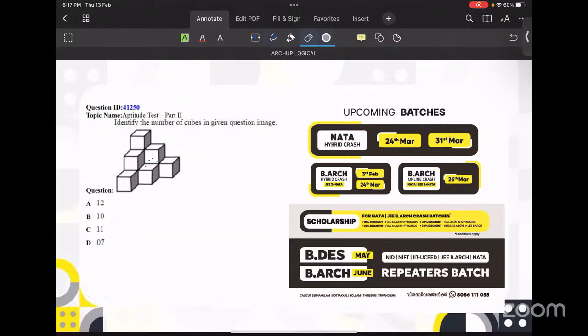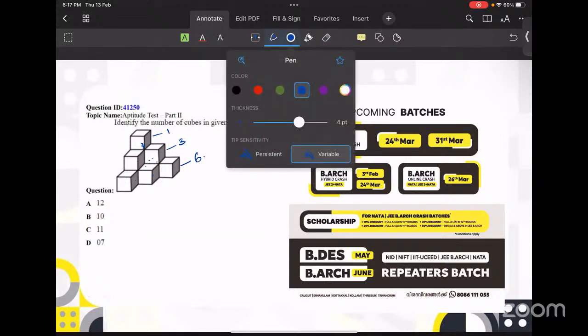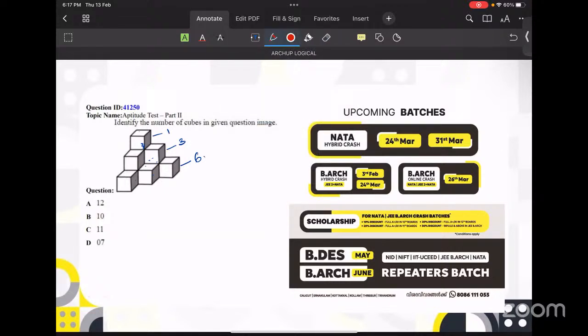So we have a technique. Just number from the top view: 1, 2, 3, 4, 5, 6. Number these cubes in this way. You can use your fingers: hold 1, then write 1 here. Then hold your fingers like 2, 3, and write 3 here.